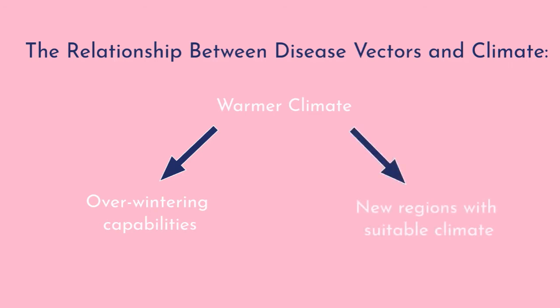Additionally, as the climate warms, the area surrounding where these disease vectors are typically found becomes more tolerable. This, in turn, facilitates a range expansion, not only contributing to disease vector proliferation, but also to population growth. So climate plays an important role in vector populations.